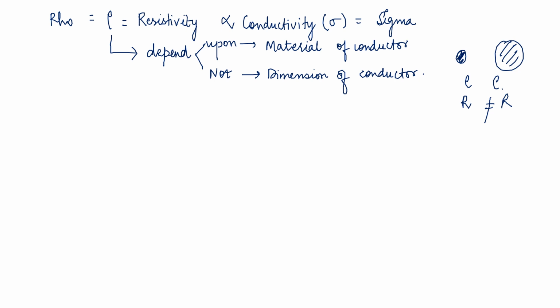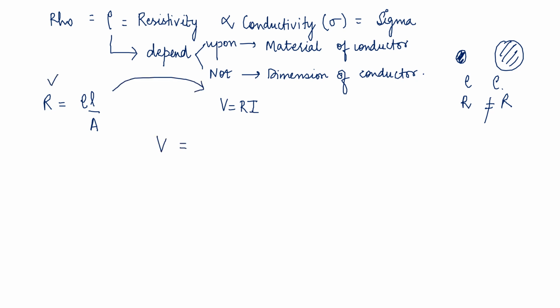Now we got an equation that is R equals rho L upon A, and we got another equation that is V equals Ri. Now we will substitute the value of R into this equation.